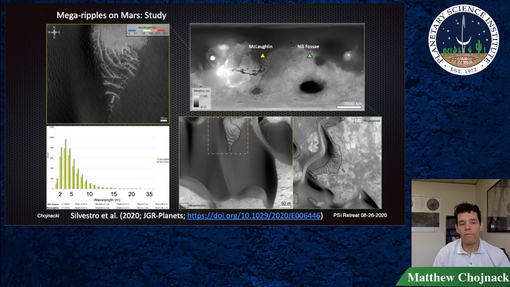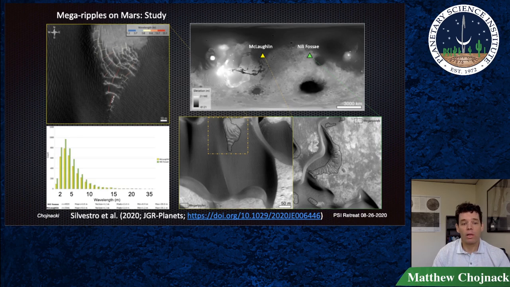One of the early findings of that study was a paper that just came out a month ago in JGR Planets, led by my colleague Simone Silvestro and colleagues, looking at McLaughlin crater and Nili Fossae, where you can see there's a number of mega-ripples that were found to be active.